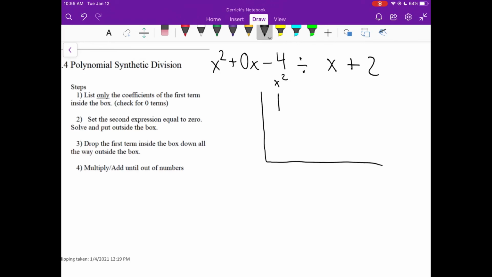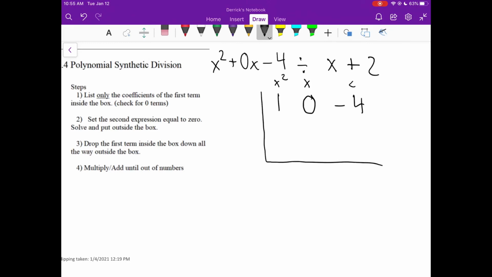Now you don't have to rewrite it that way if you can think about it in your head, but you have to check for any skipped or missing terms. And if there are, you need to put a 0 placeholder in there. Then you can continue on. So that's how this should be set up. We have our x squared term, we have a 0 for the missing x term, then we have our negative 4 for our constant. The rest of this we're going to finish out about the same way.